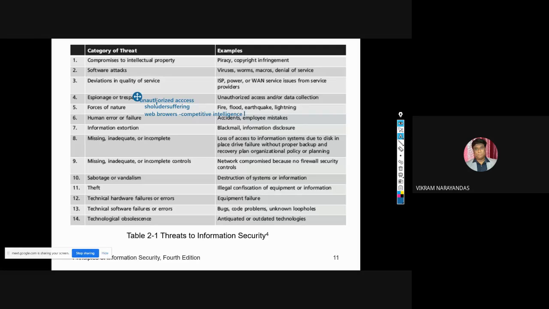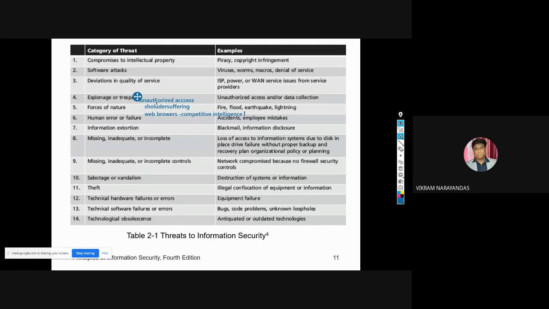Okay, no worries. So some information gathering techniques are legal. Web browsers to perform market research. So I'm showing some of the websites here daily. It may be some legal, some not legal. What are the web browsers to perform some market research, whatever it may be? These legal techniques are called competitive intelligence here.